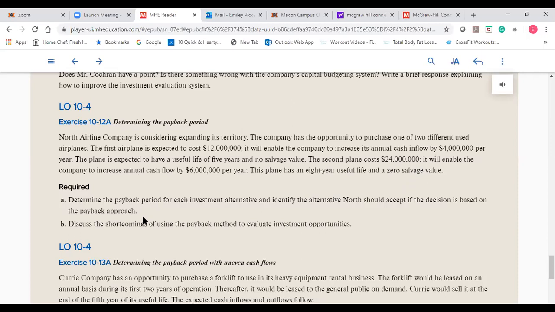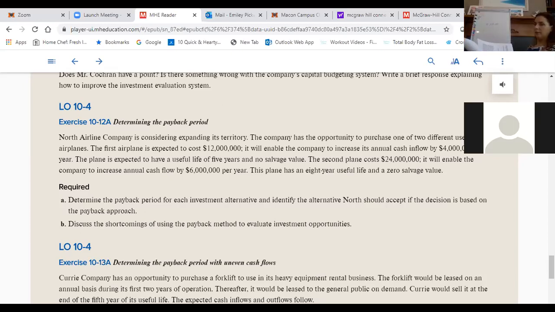So the first one, the cost was, well, let me make sure you can see all this. Okay. So 12 million, but you would have the revenue of 4. So it would take 3 years.